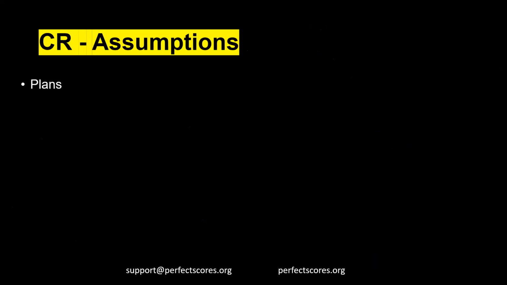Let's move to the next kind of pattern that is there in CR, which is plans. So plans is something like you saw in the piano question. Let's take a simple plan of a GMAT student. Let's say you solve 1,000 sentence correction questions. That means you'll be able to get 100% accuracy in sentence correction.